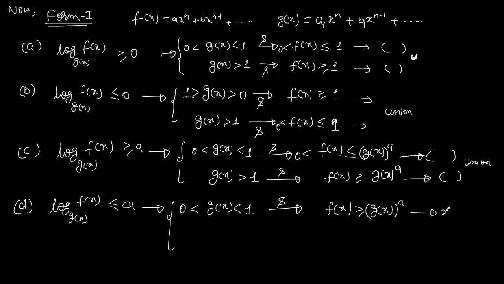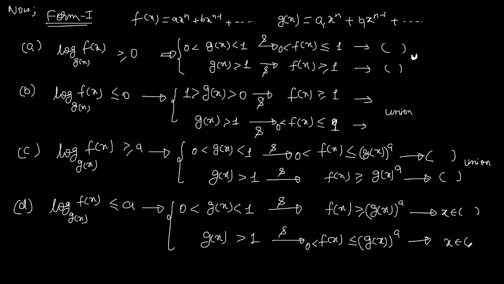From there we will get some value of x belonging to something, and we have gx bigger than 1. We will have AND case with both the x. We will get fx less than equal to gx to the power a, which is bigger than 0. This will go with some x belongs to, and finally we will take union of both of them. Yes. So this is how we are going to do. Okay.